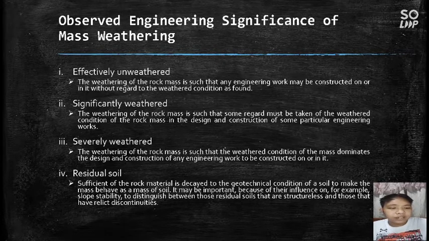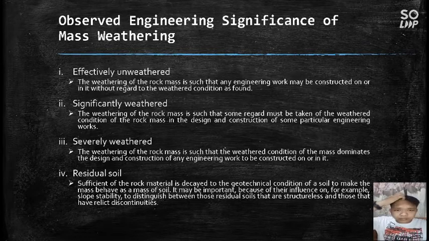So next is the severely weathered. This means the weathering of the rock mass is such that the weathered condition of the mass dominates the design and construction of any engineering work to be constructed on or in it.